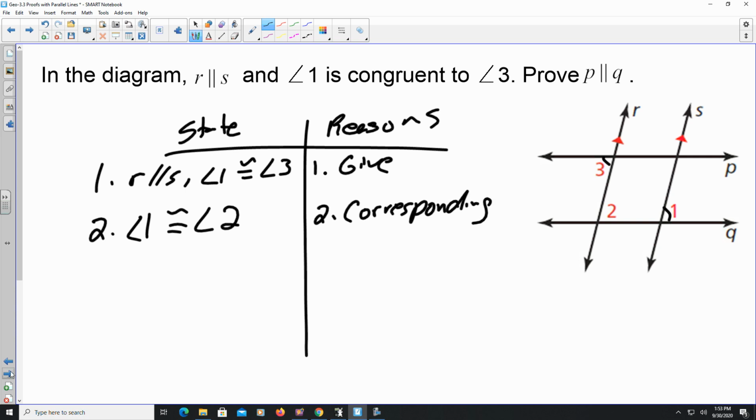All right, so now that those are congruent, now we notice, oh, angle 1 is congruent to 2 different angles. So now I can say that angle 2 is congruent to angle 3 because of the transitive property.